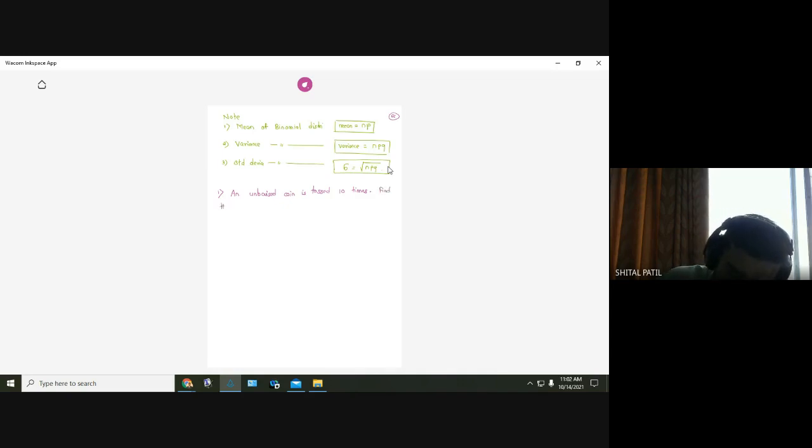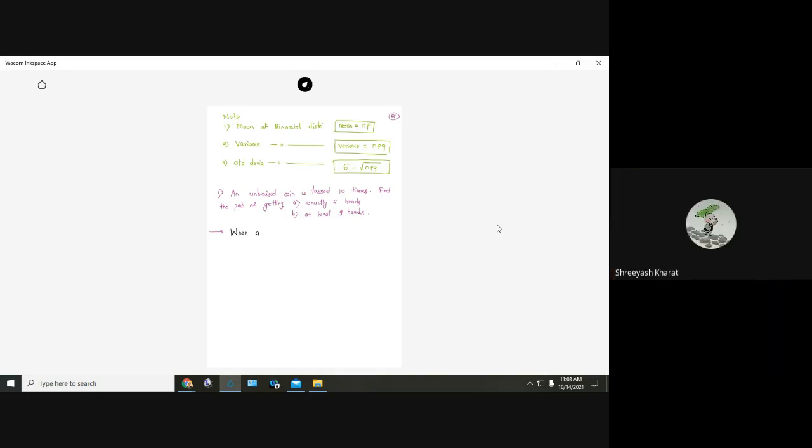Find the probability of getting exactly 6 heads, and at least 9 heads. 2 parts are there. Solution. Right?